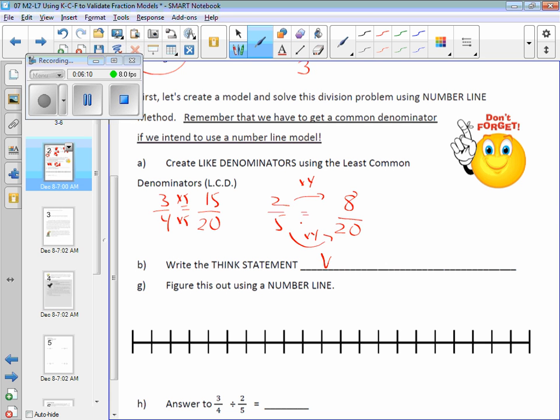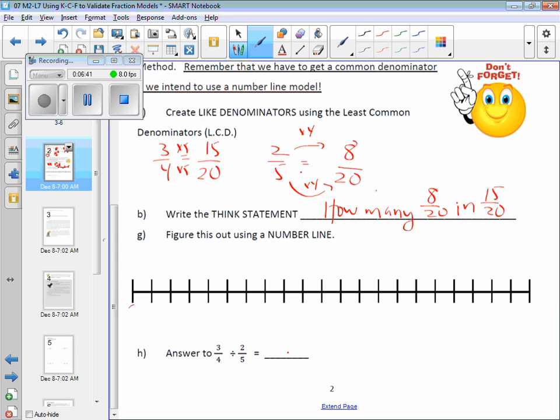Okay, now to the thing statement. How many what and what? Aiden. Great. All right, number line, ready? In 20ths, right?